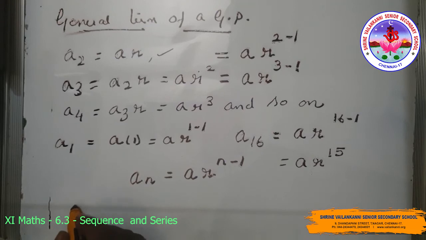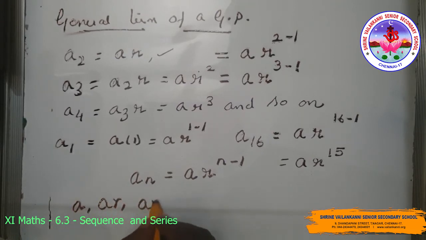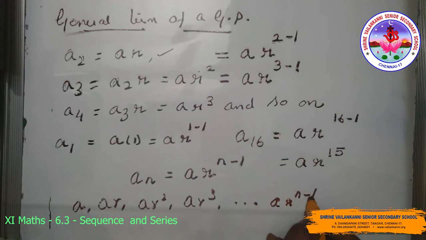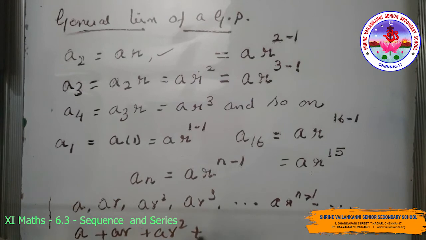Thus, a GP can be written as A, AR, AR square, AR power 3, etc., AR power n minus 1, etc. And the series can be written as the sum of these, that is A plus AR plus AR square plus etc. plus AR power n minus 1 plus etc., which is called the geometric series.